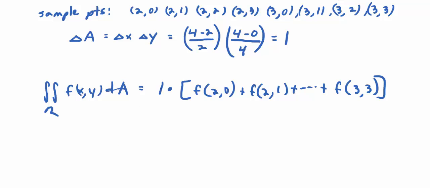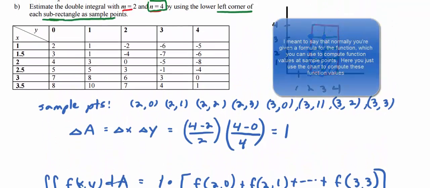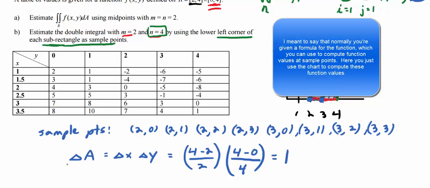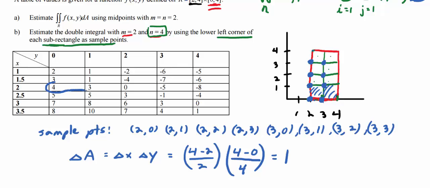So take your delta A times the sum of the function values of all your sample points. How do you get these values? Normally you're given a function, but here you're given a chart. So it's just as easy. f of 2, 0 through f of 2, 3 would be given by these values. And f of 3, 0 through f of 3, 3 would be given by these values. So you're going to be adding 4 plus 3 plus 0 plus whatever that was. I think it's negative 5. Plus 7 plus 8 plus 6 plus 3.